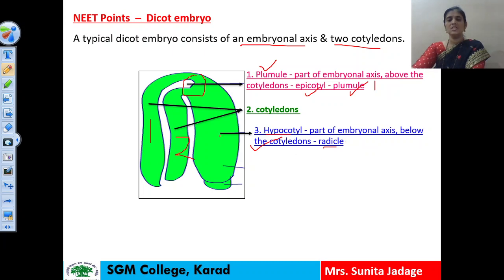So this is the radicle, and the radicle is showing a root cap at the tip. In this way the dicot embryo is formed inside the dicot plant.